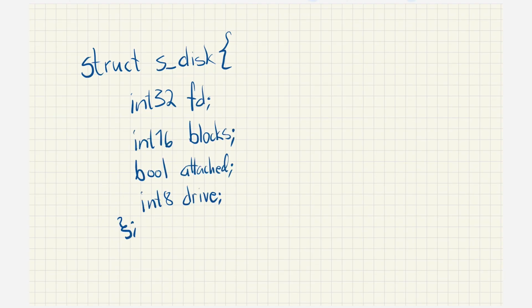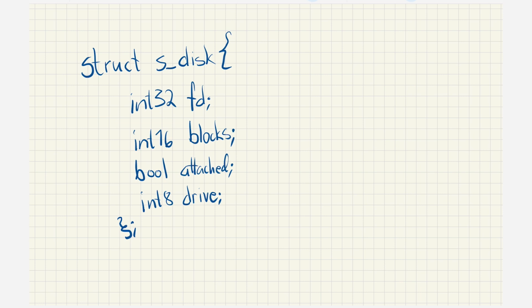Alright, so it will have a 32-bit field for the file descriptor, and that will be the file descriptor for that file on the disk that is emulating the actual disk. And we will have an int16, which is the total number of blocks, a boolean, which is called attached, which says if the disk is attached or not.